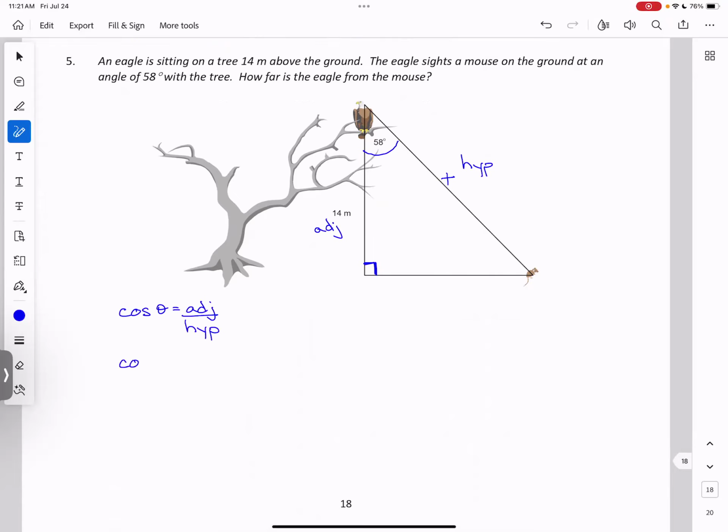So cosine of our angle of 58 degrees is 14 over x. So we want to solve for x. So let's multiply both sides by x. So now we've got x times cos 58 degrees equals 14.